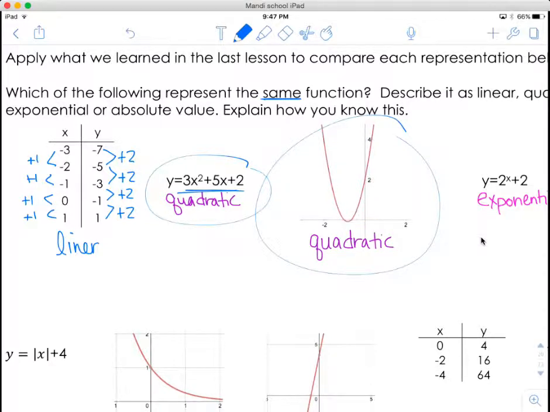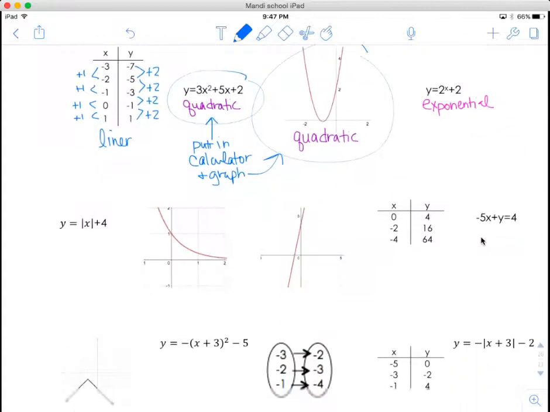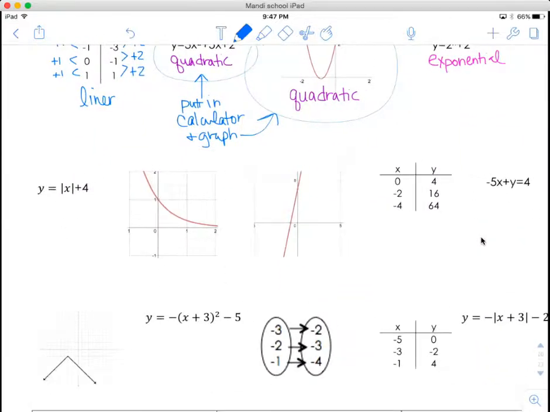So then you would want to put this in your calculator and graph, and compare that graph to that one and make sure that they're the same. Okay, so let's go to this next one.